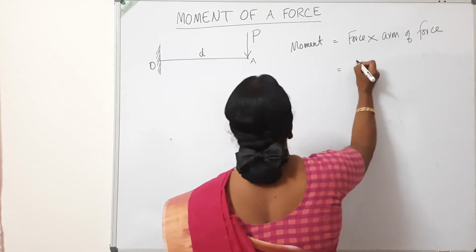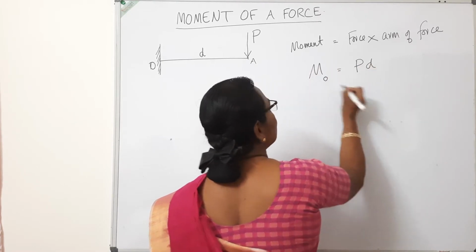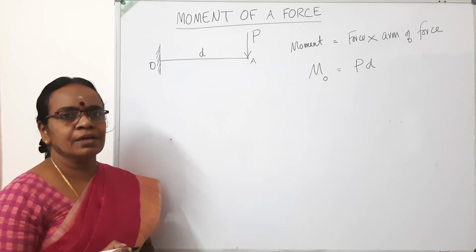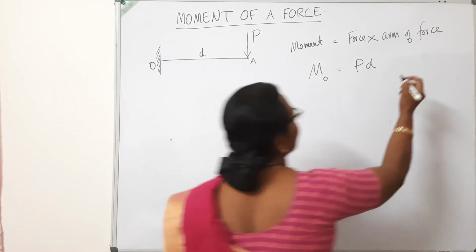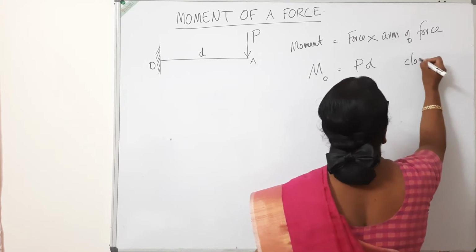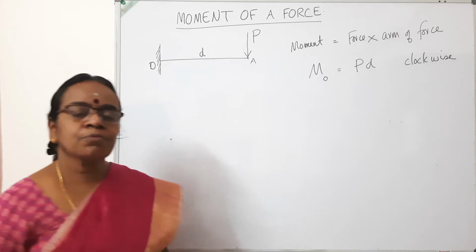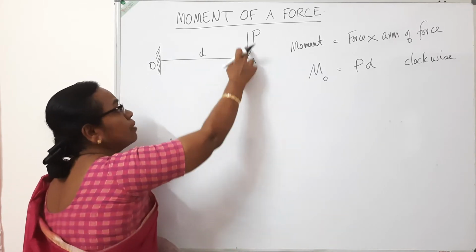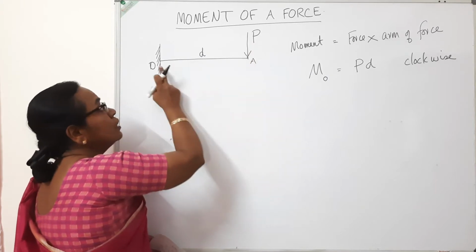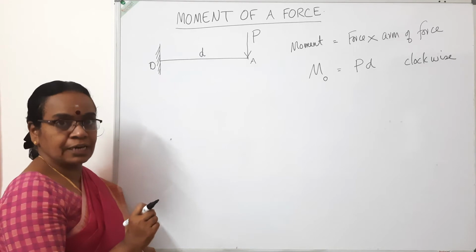In this case, it is P into D. Moment about point O is P into D, and it rotates the beam in the clockwise direction. So, direction is also very much important, clockwise. Moment is calculated as load into perpendicular distance from the line of action of the force up to the point where the moment is taken.